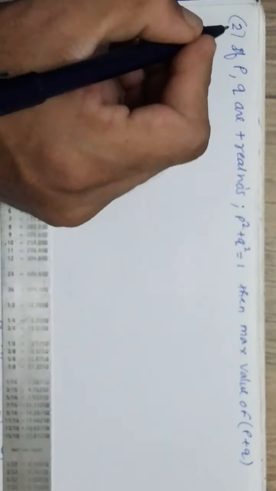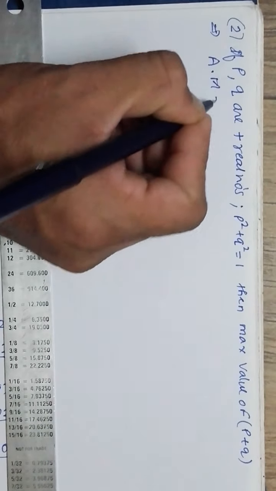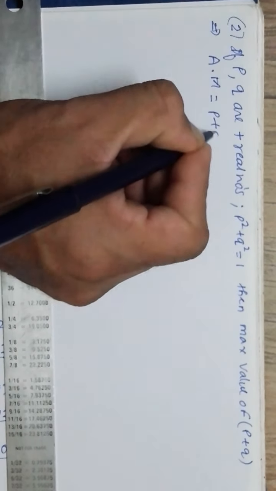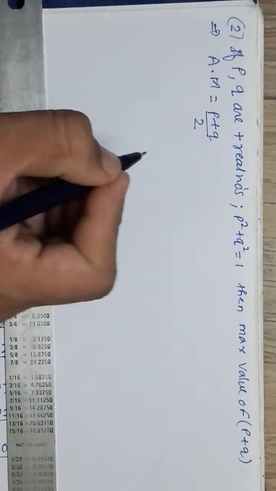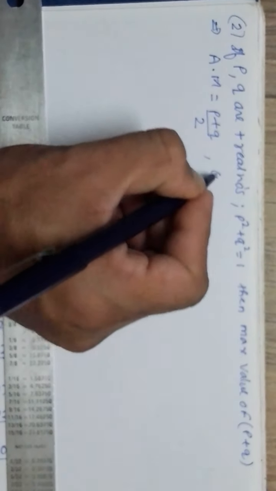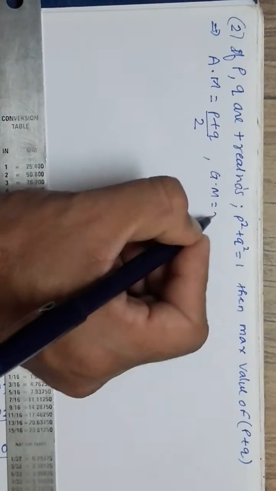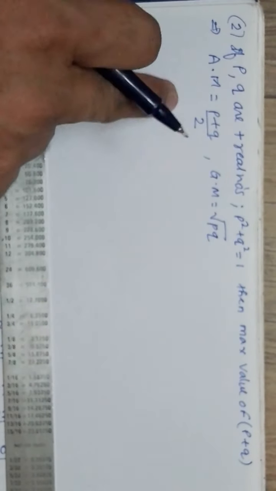So p square and q square you can get by the relation p plus q by 2. So here obviously your arithmetic mean will be p plus q by 2 and the geometric mean will be nothing but under root pq. So this particular relation will yield you this p square plus q square.